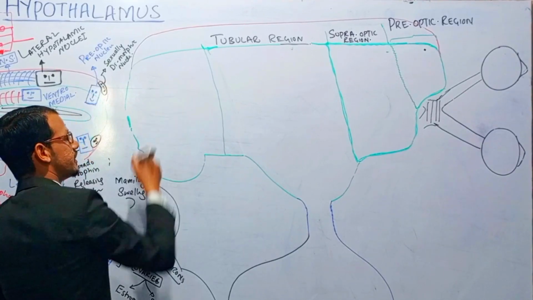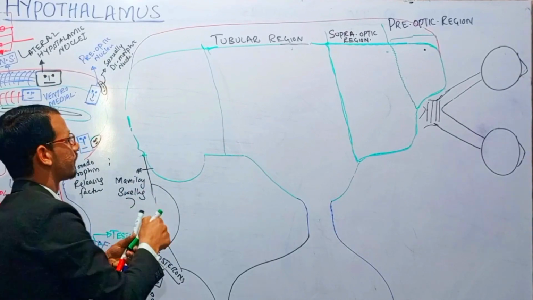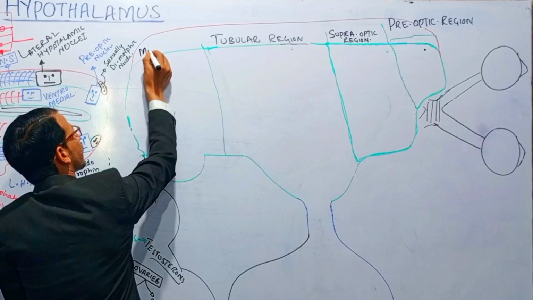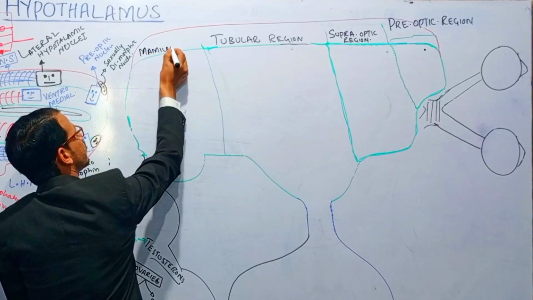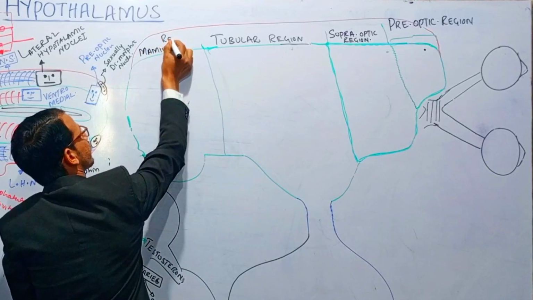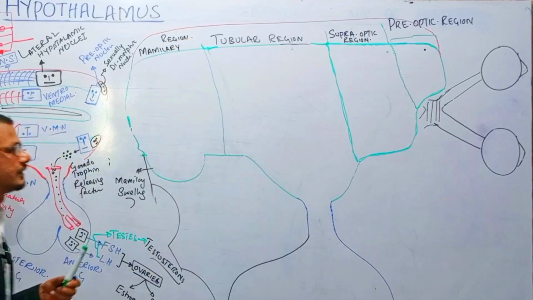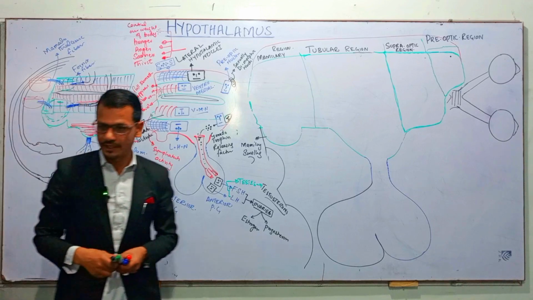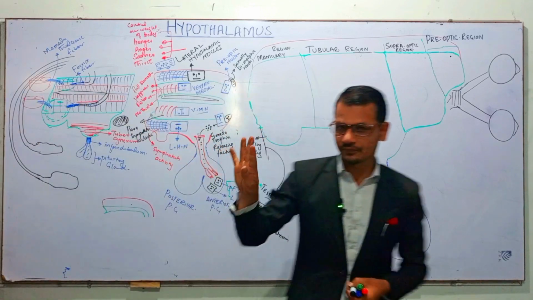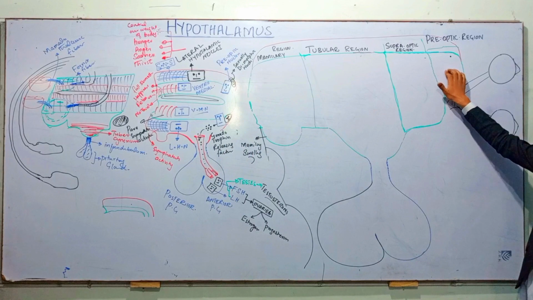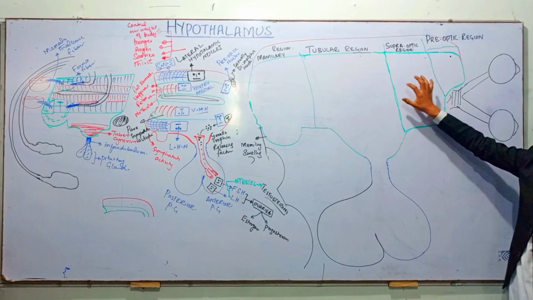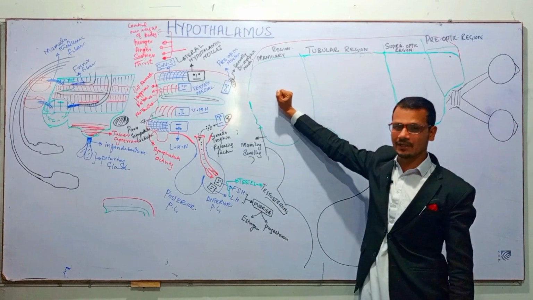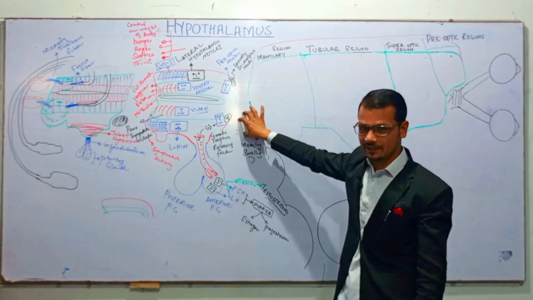So this region is called the mammillary region. So the medial hypothalamus is divided into four regions. The first region is the preoptic region, the second is the supraoptic region, the third is the tubular region, and the last one is the mammillary region. And after this, the midbrain is present.